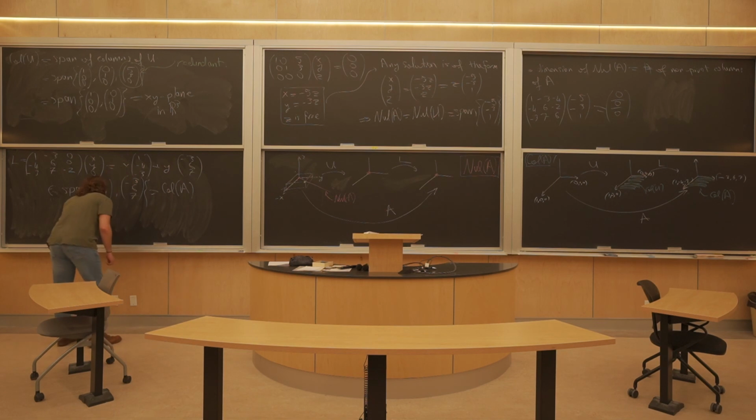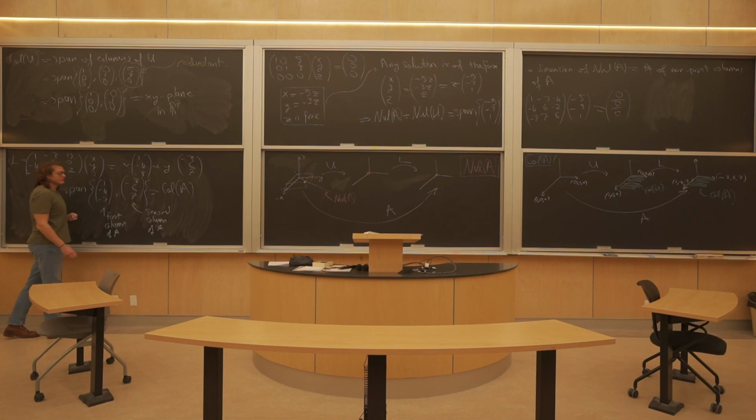So, first column of A, and this is the second column of A. Now, how did I figure out that I should be using the first and second columns of A?